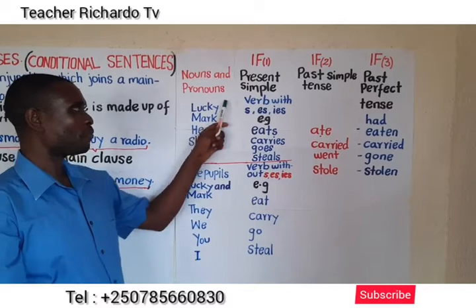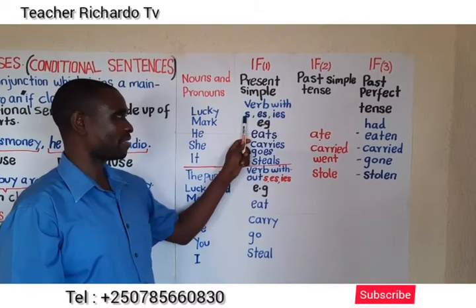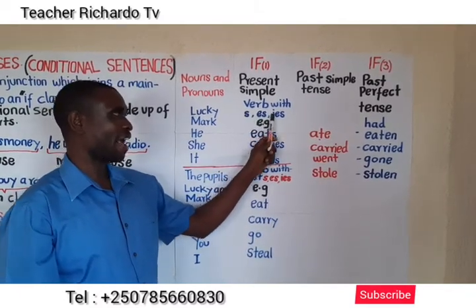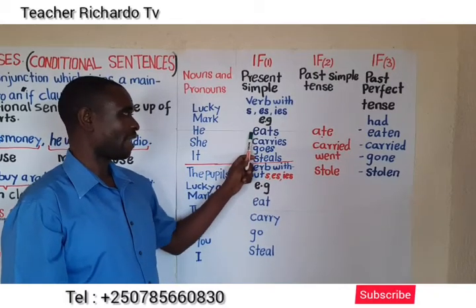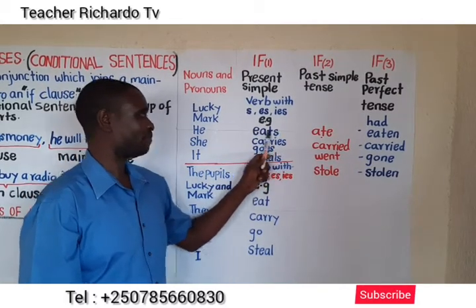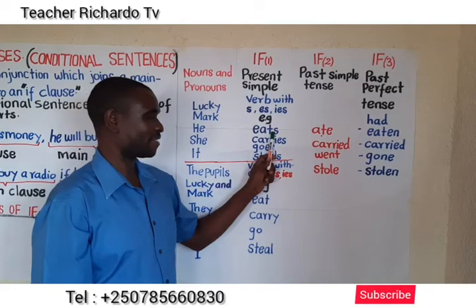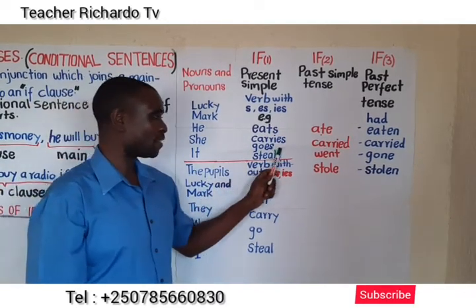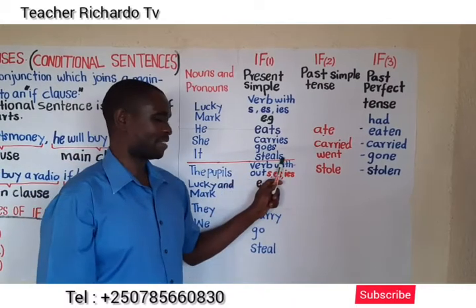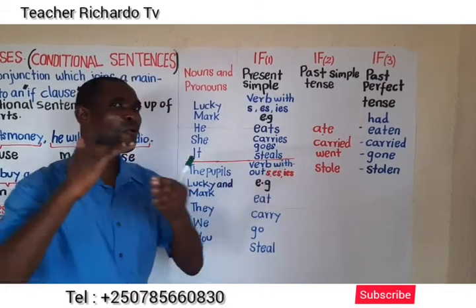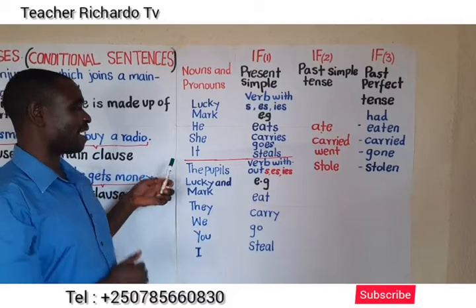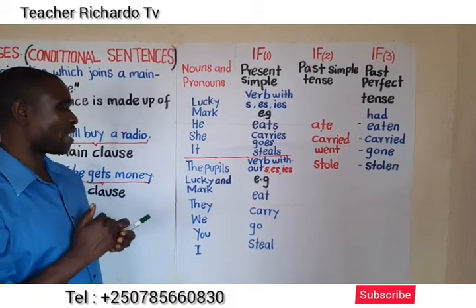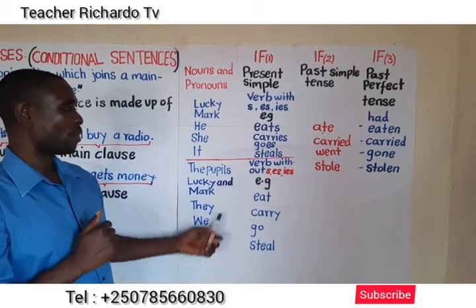For example, verbs with s, es, ies, like he eats, carries, goes, steals.